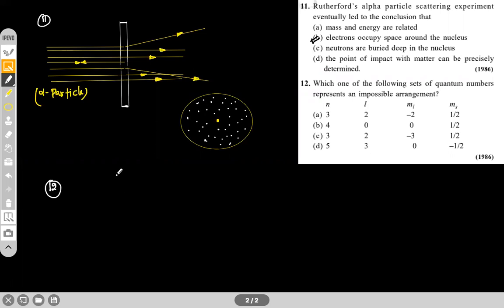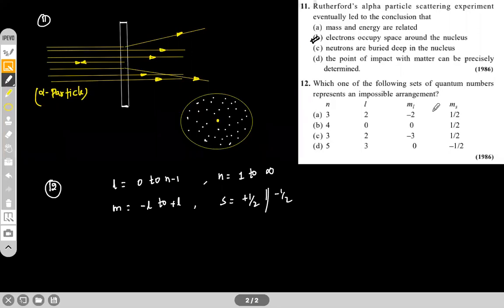We know the values. n is the principal quantum number and can be anything from 1 to infinity; only 0 is not possible for n. l can be anything from 0 to n minus 1. m lies in the range minus l to plus l, and ms is either plus half or minus half. That is what we know. ms is the spin quantum number, which is also possible, plus half or minus half.